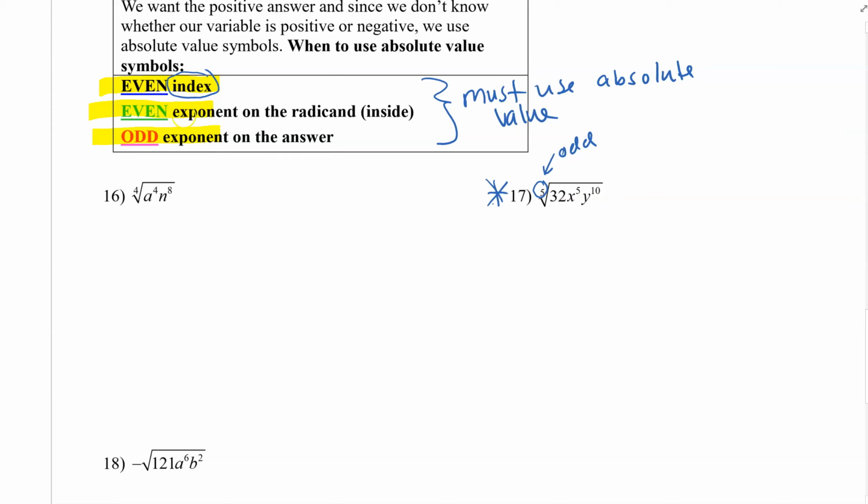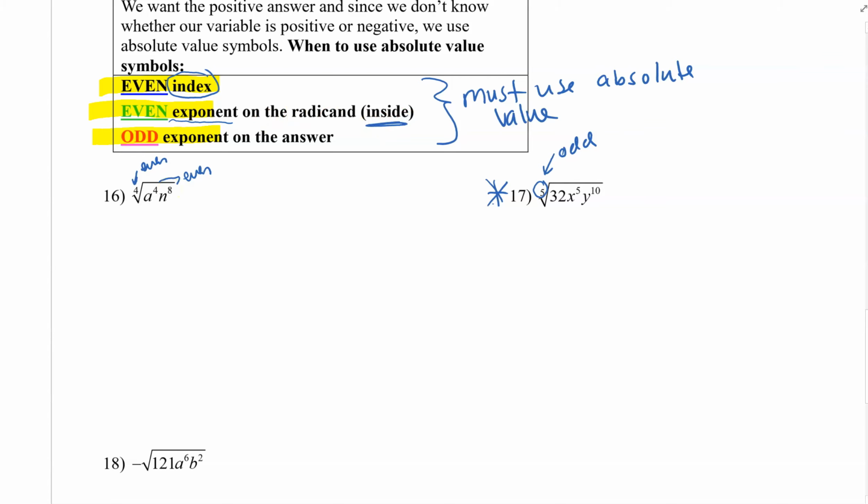Then you look to see if the exponents underneath the radical, or in the radicand, are even. So right now I'm noticing 16 is probably going to need absolute value because I've got an even index and I have even exponents underneath the radical, in the radicand, inside basically.